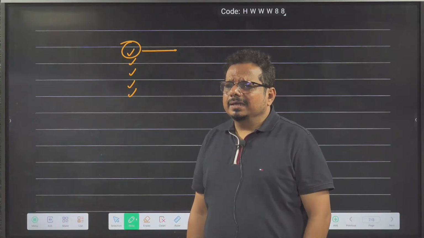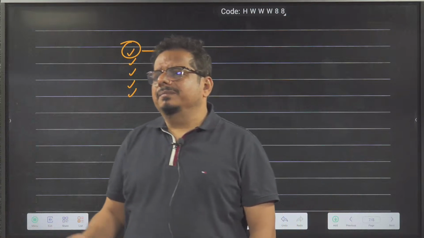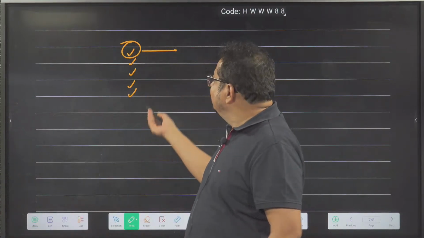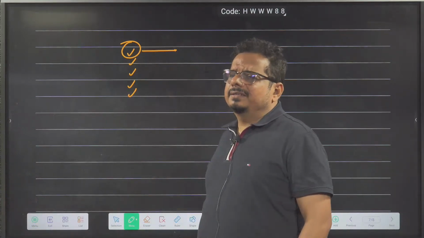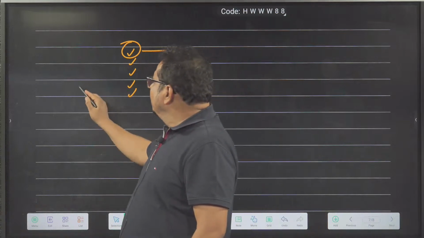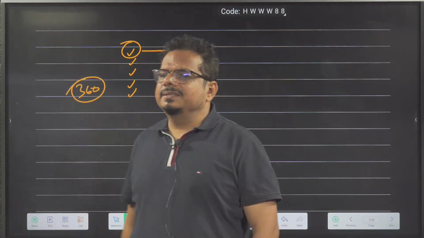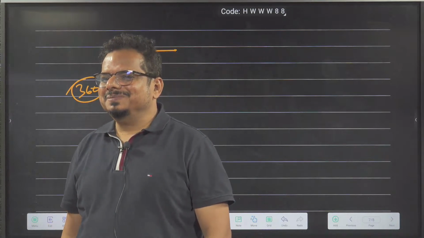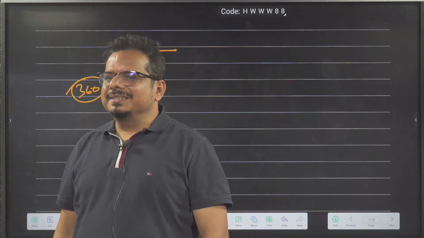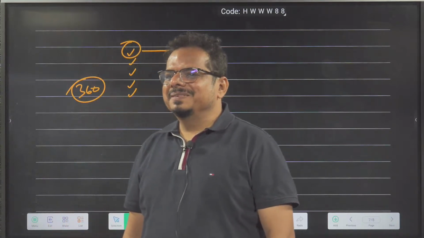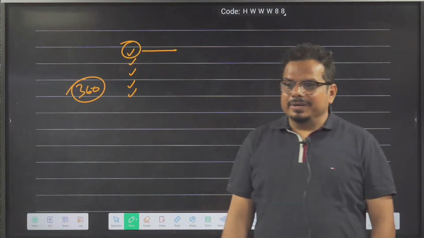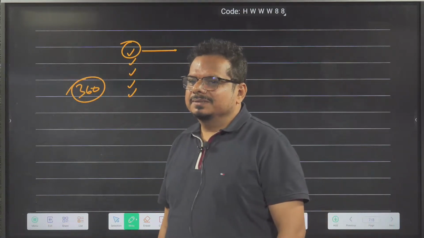I told you, in botany and zoology, sometimes it looks easy. What came in NEET was easy. But many of you did not bring how much? 316 in biology. What is the advantage of this easiness? If it is easy, 360 must come. And if it is not coming, it means we are suffering somewhere.